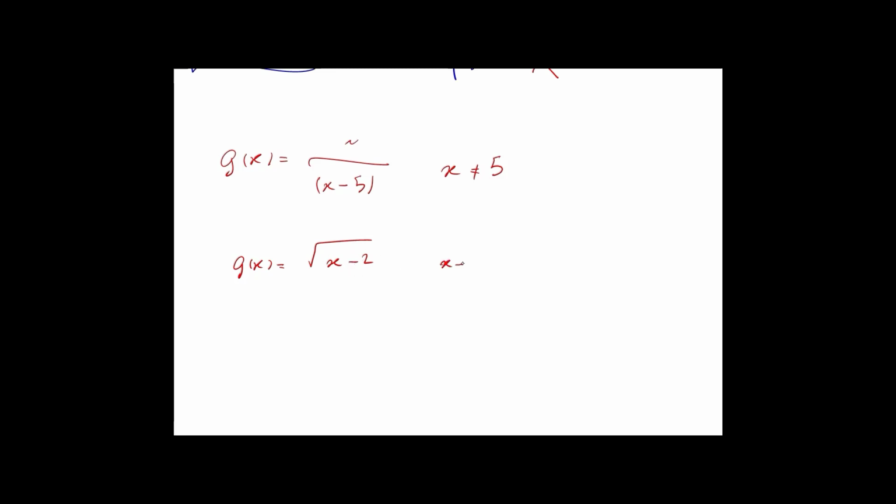So x minus 2 inside the square root should always be greater than or equal to 0. So if 2 goes to the other side, x is greater than or equal to 2. This is a root of a positive number, so it cannot be equal to something negative. For example, it cannot be equal to minus 3. It's not correct.